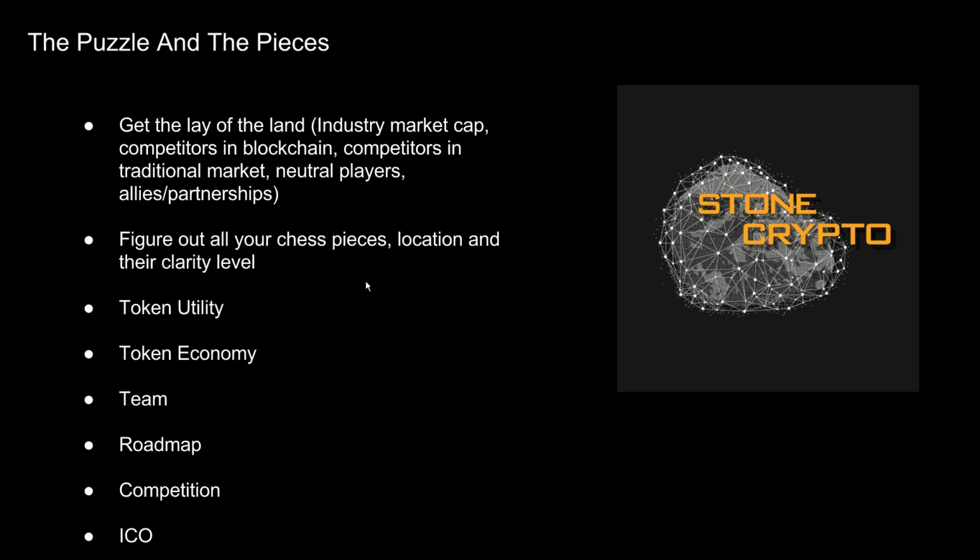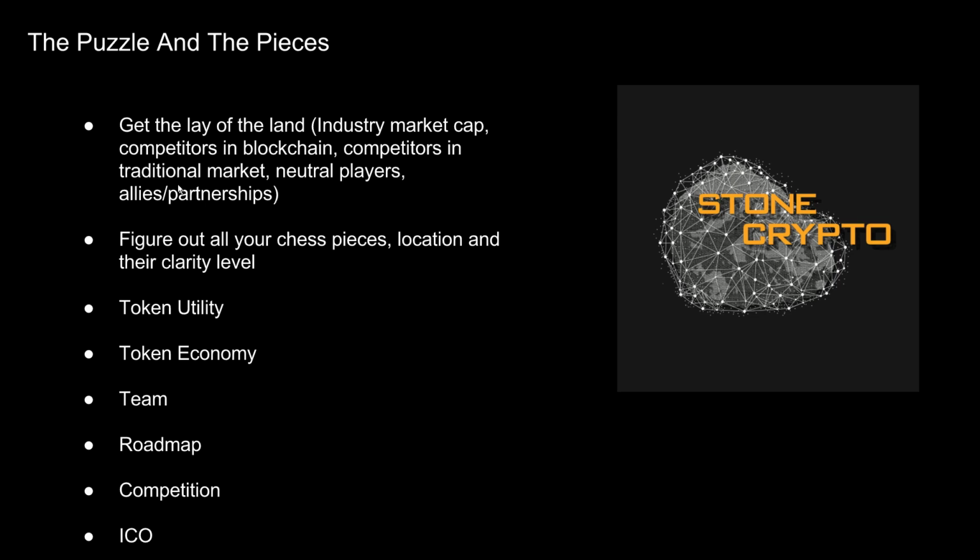And this allows you to kind of lay out your different chess pieces and determine their clarity level. So if you're fighting a war, one army against another army, you need to know what everything looks like around you, where the forest is, where the rivers are, where the bridges are, so you know where to put certain different types of chess pieces that can handle those situations better. And if you have chess pieces that you don't really know how strong they are or how large they are, then that clarity level is working to your disadvantage.